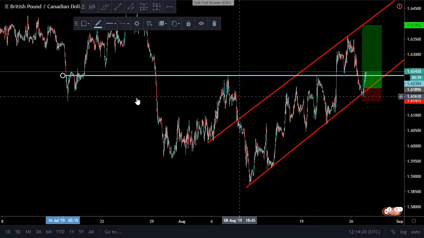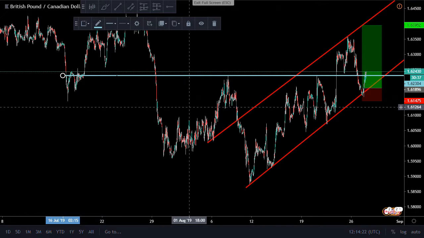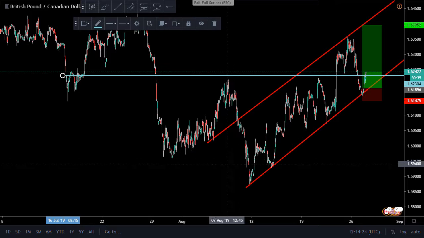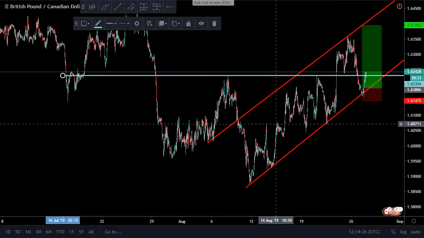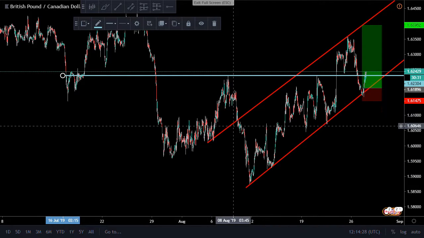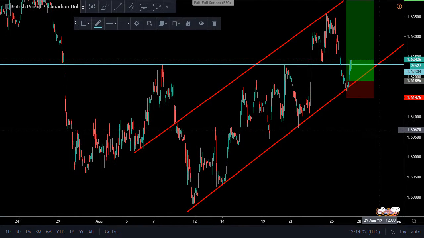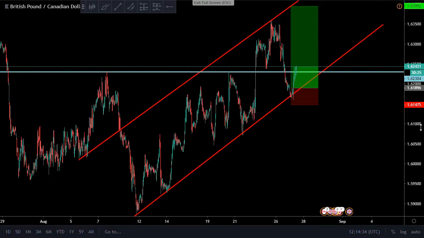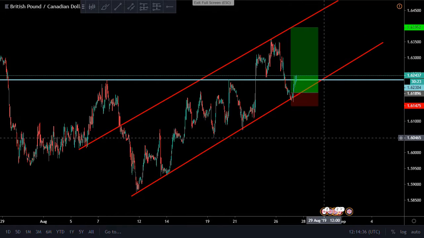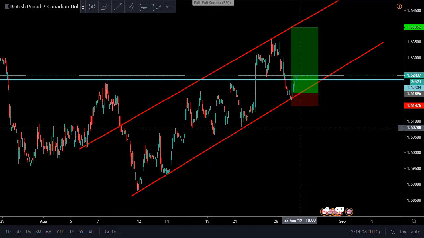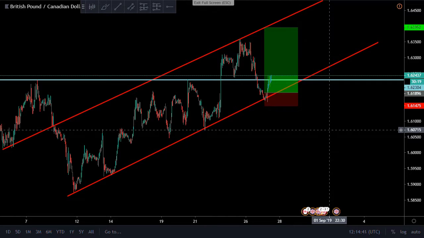You have a pattern you're familiar with, a structure you're familiar with, and an uptrend going to the upside. What can stop you from trading this trend? Those are the things taken into consideration: patterns, market structures, news, and the pair.